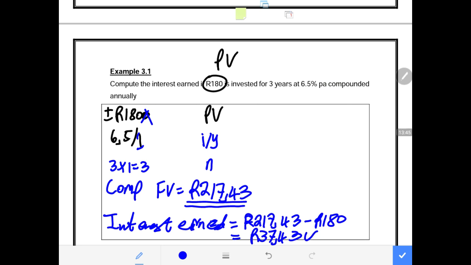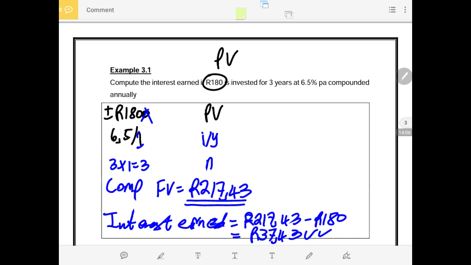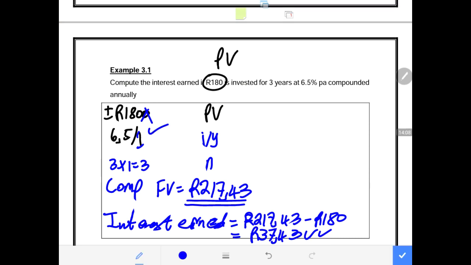We already got to this amount, and we can see that the functions of the calculator make our lives very easy. We don't have to calculate interest for year 1, for year 2, for year 3, and add the interest back to the balance at the beginning of the year. We just press everything and tell the calculator that we need to earn interest once a year over the period of 3 years, and the amount we invested, which is plus minus PV, is 180.